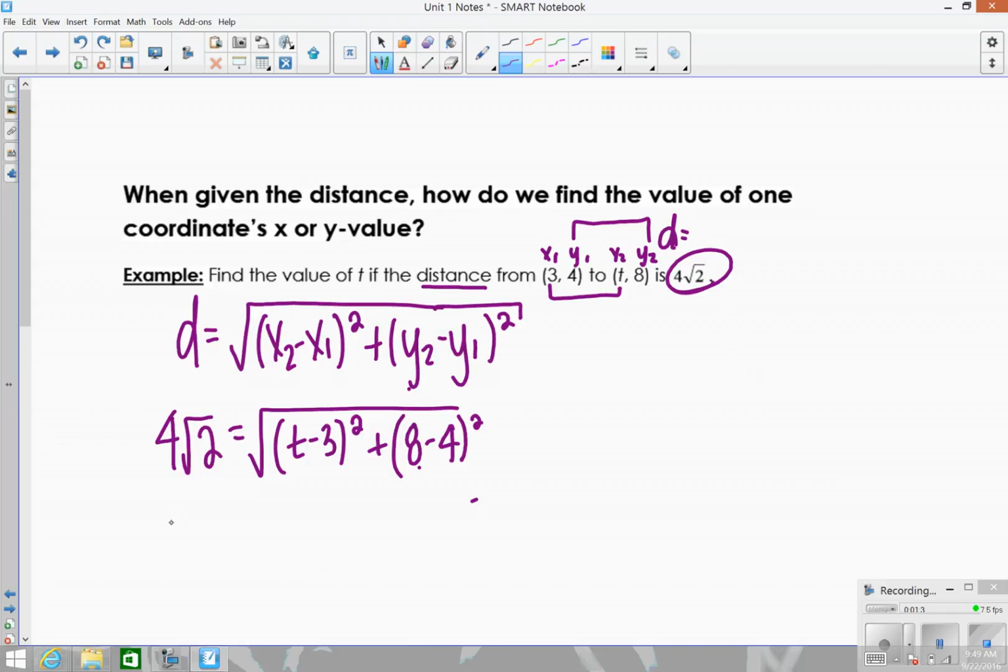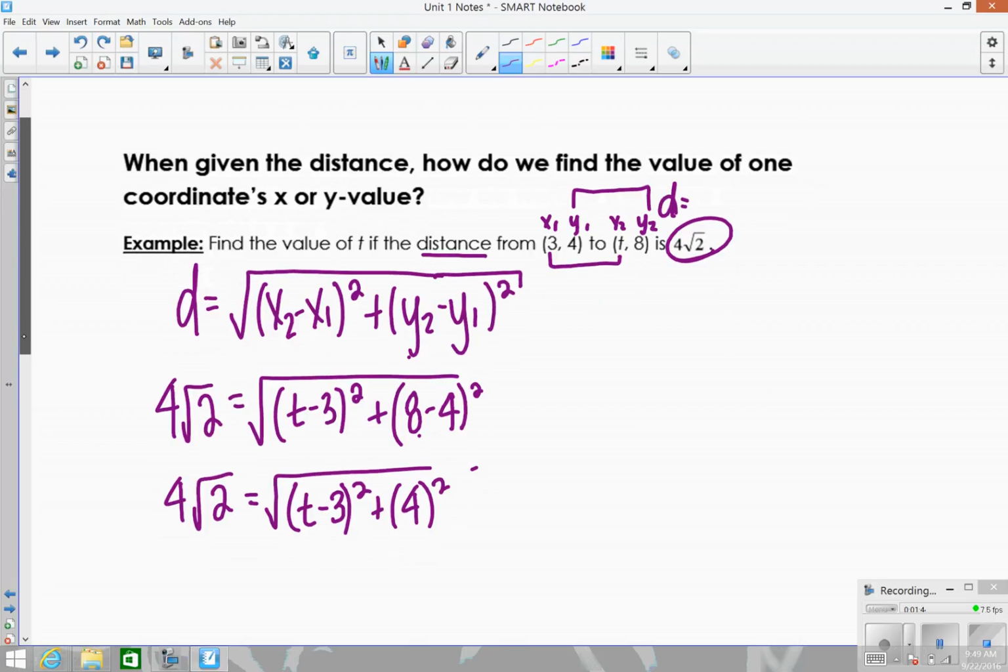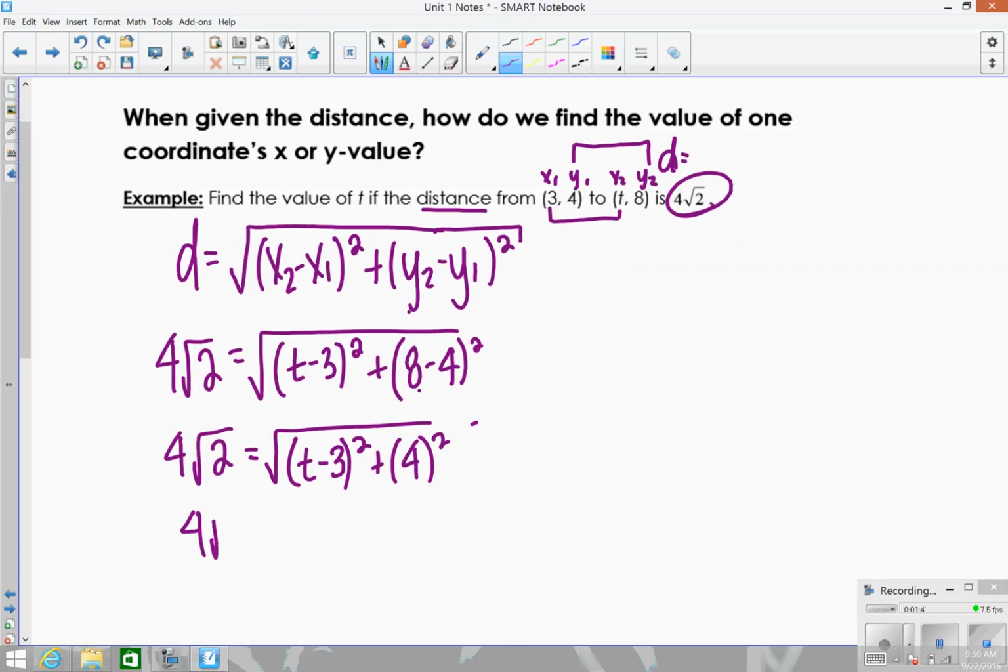I have 4 radical 2 equals, can't combine these, so you just leave it. This becomes plus 4 squared. So that's going to become 4 radical 2 equals square root of (t minus 3) squared plus 16.